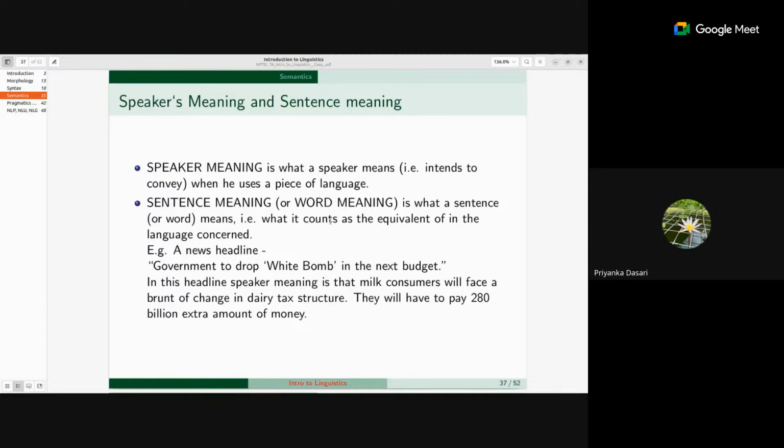When you just see the sentence meaning, white bomb is something else, it has a different sense. But when you understand the speaker meaning, it is different. So one must understand the differences between speaker meaning and sentence meaning.